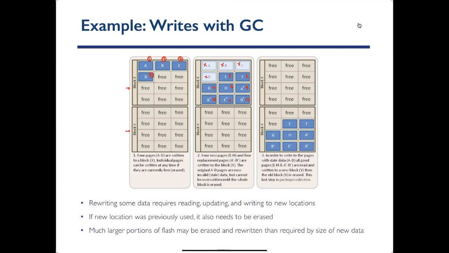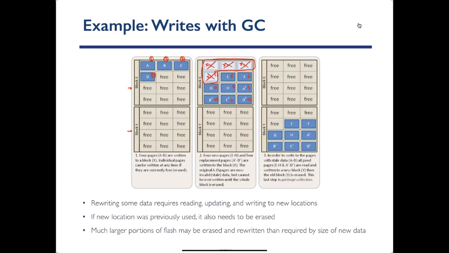Later on, garbage collector is going to notice that this block has some pages marked as garbage. So then garbage collector wants to collect the garbage. Now, the garbage collector cannot erase these 4 pages by themselves. As I mentioned, you can't erase single pages. You have to erase the entire block. So what should we do at this point? What we'll do is we'll grab the valid pages, the pages that are not garbage.